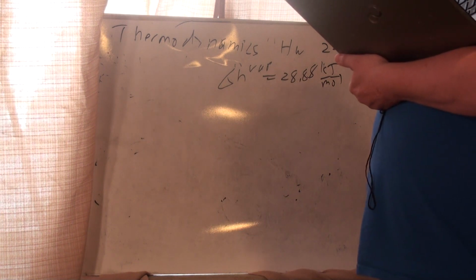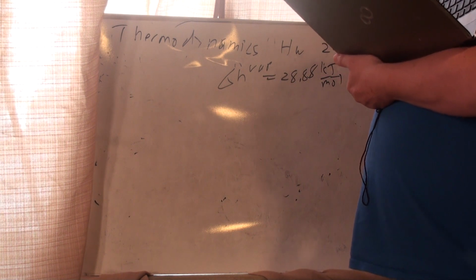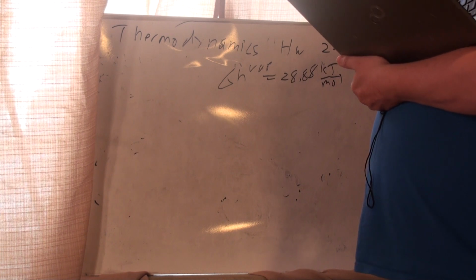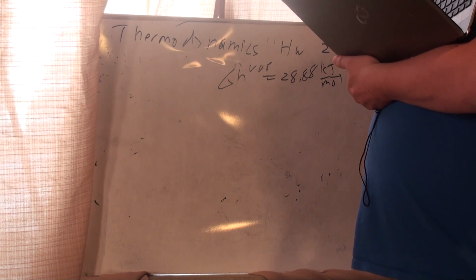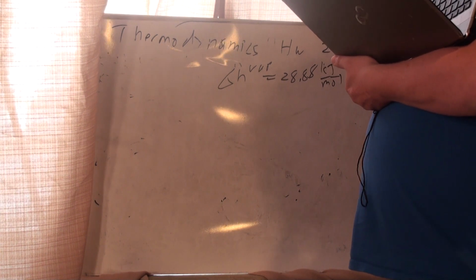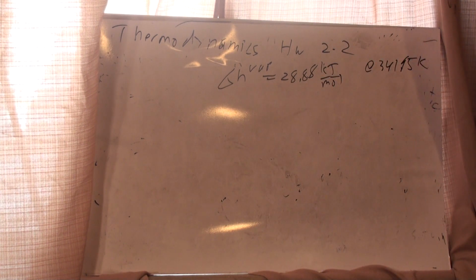It's really not a lot, I mean, a mole is not a lot. At 341.95 Kelvin. How much would the enthalpy change by heating up the hexane from 300 to 400 Kelvin? Compare that to heating it up from 400 to 500 Kelvin.